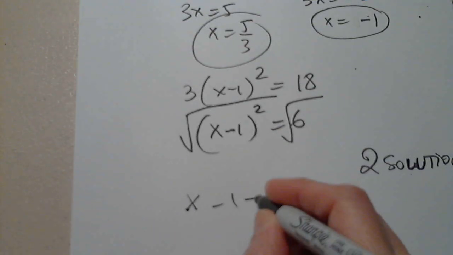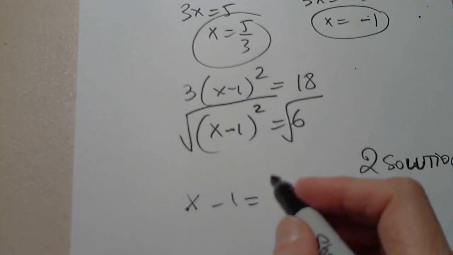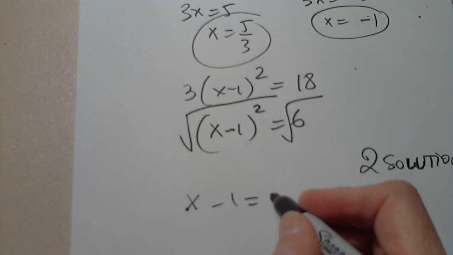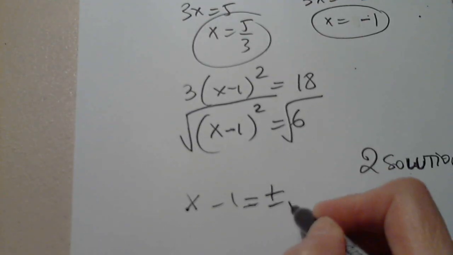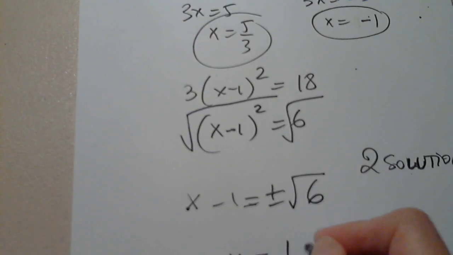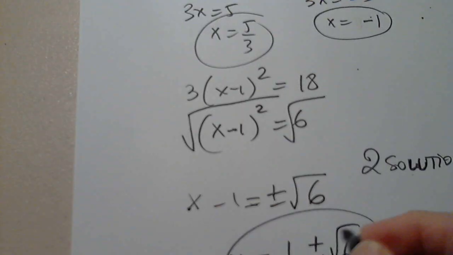X minus 1 equals plus or minus the square root of 6. Indeed. So x equals 1 plus or minus the square root of 6. Perfect. Very good, thank you.